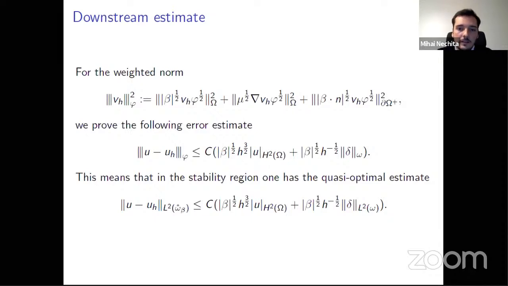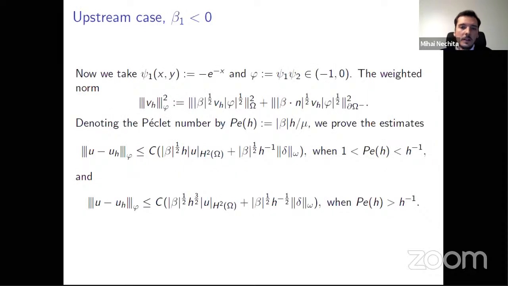Even though there is this 1/2 gap, in practice we sometimes see the quadratic convergence, but in theory, as in the well-posed case, the convergence order is just 3/2. And in the upstream case, as I mentioned, there is a more complicated behavior in this intermediate regime in which the convergence order is reduced, but when convection fully kicks in, then we recover the same convergence order.